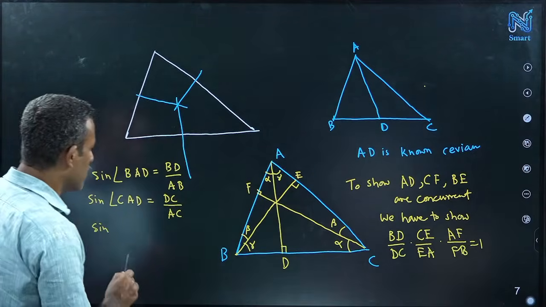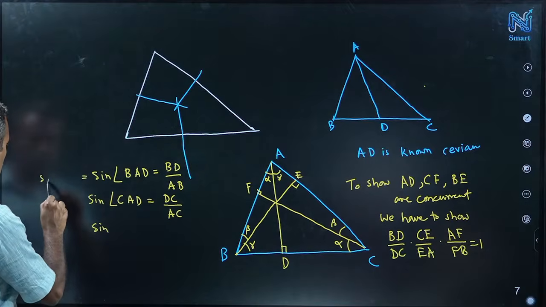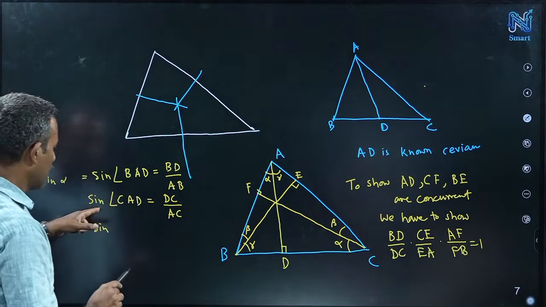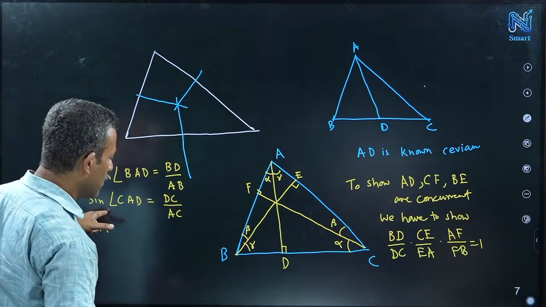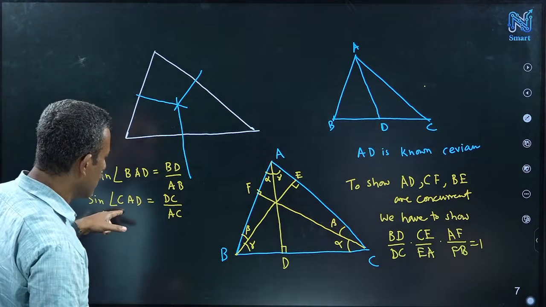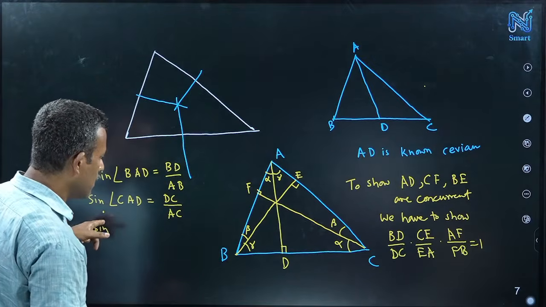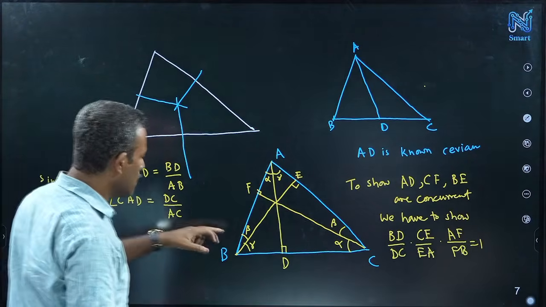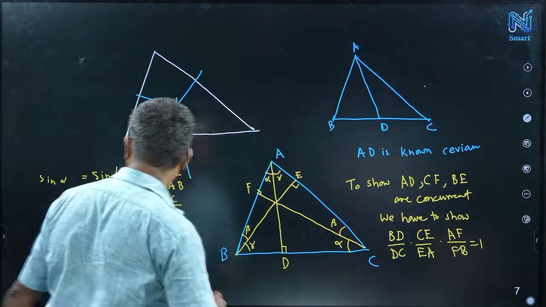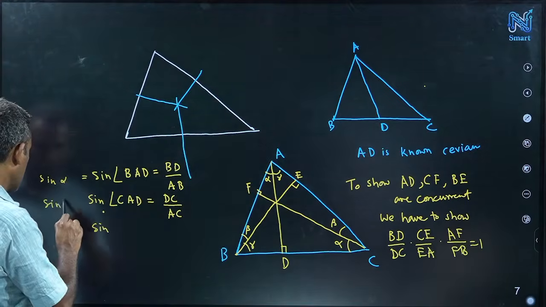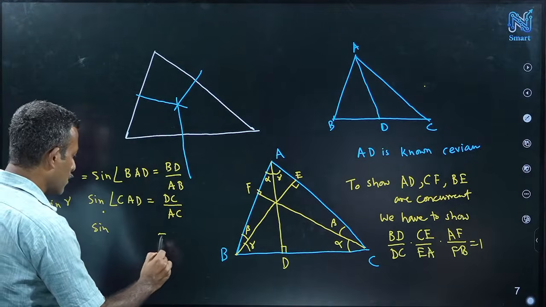So we can write this as sine alpha, right? And this is sine beta. Not CAD, it is CAD. DC by AC, yes, CAD is gamma, sine gamma.